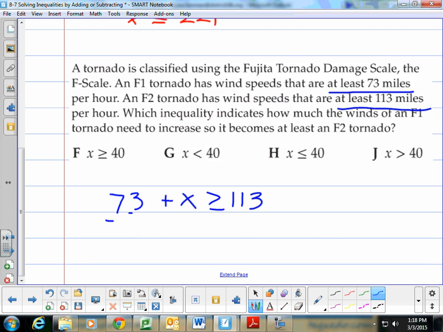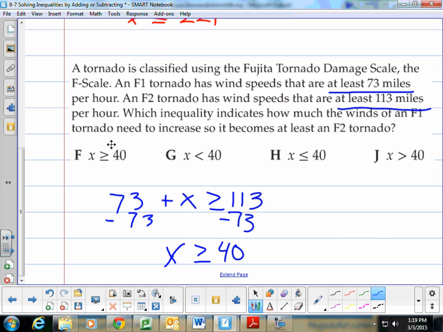So then I subtract 73. This did take me some thinking. I had to pause, as you noticed, and I had to think about what the words meant. So then I get x has to be greater than or equal to 40. The F1 has to gain 40 miles per hour or more to end up being 113 or more. So it's going to be F as our answer.